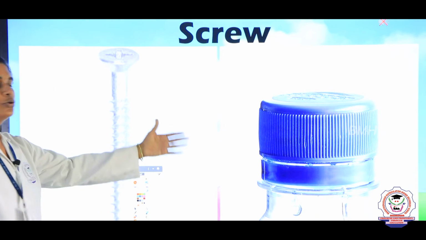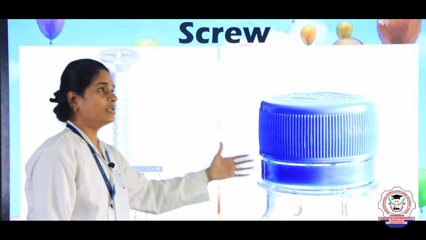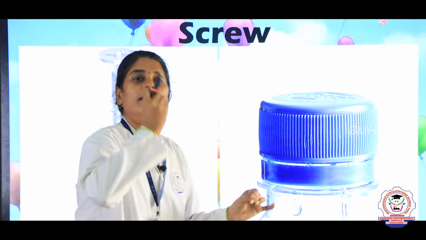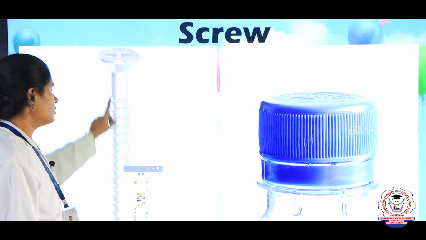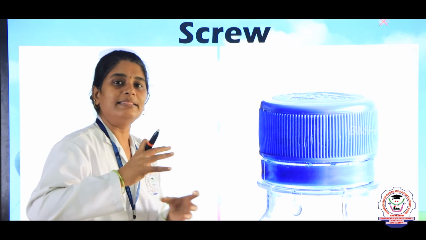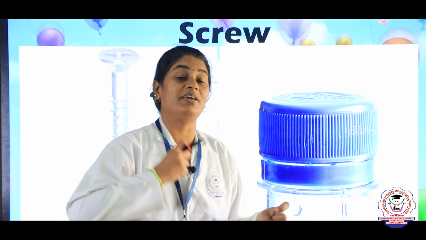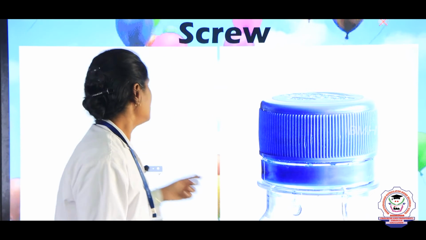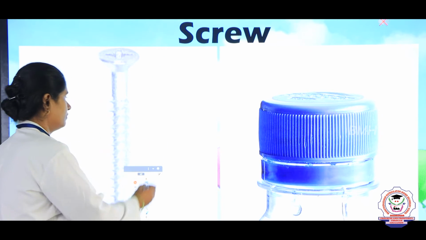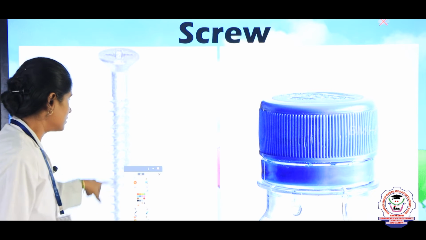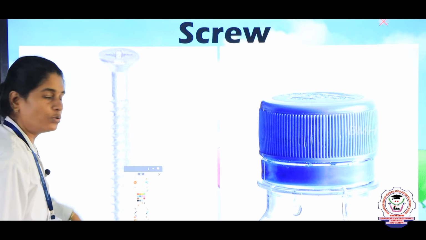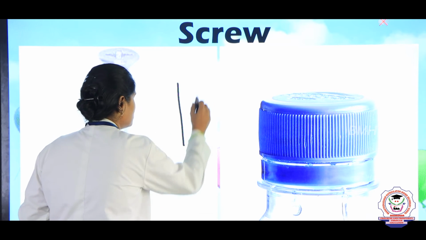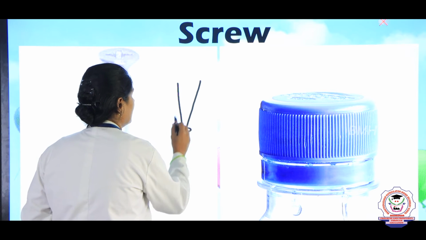Next we are going to see the next simple machine, the screw. A screw is actually a type of inclined plane that is wound around a rod. The screw can fix anything tightly, and we can easily fix the screw on a wooden board. When we take this thing from the screw, we will get the inclined plane, which is fixed on the rod like this.